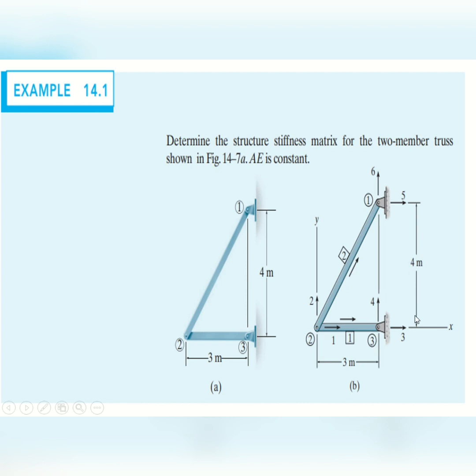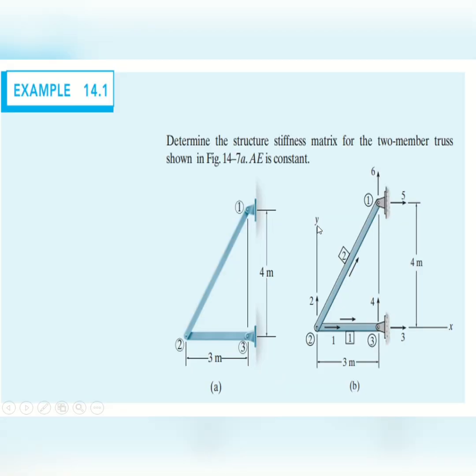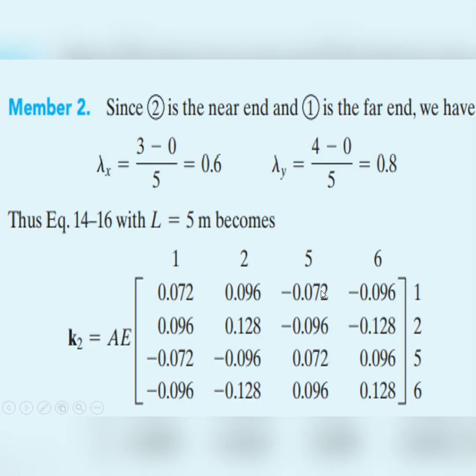So y2 is 4 meters above y1, and we get 4 minus 0. Its length we calculated by the Pythagoras theorem: we know the base and height, so the length L is 5.